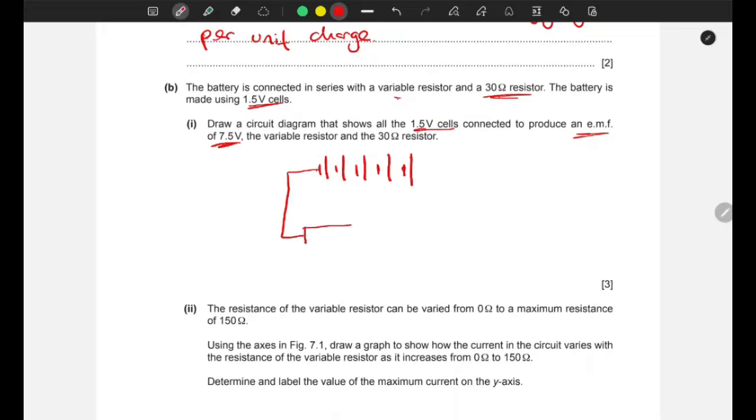The symbol for a variable resistor is a resistor with an arrow, and a 30 ohm resistor. The symbol for a resistor is just a box, and then we just complete the circuit.